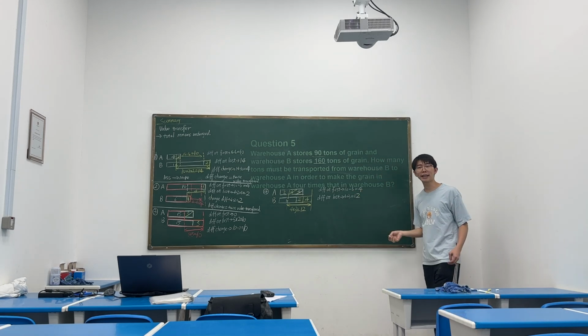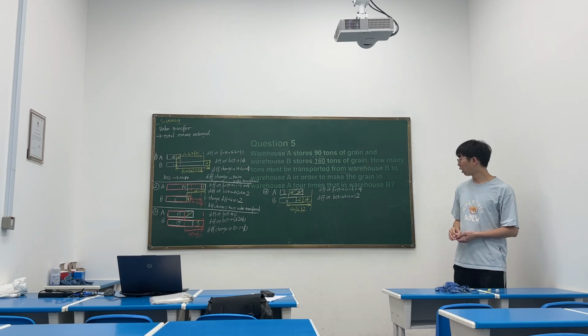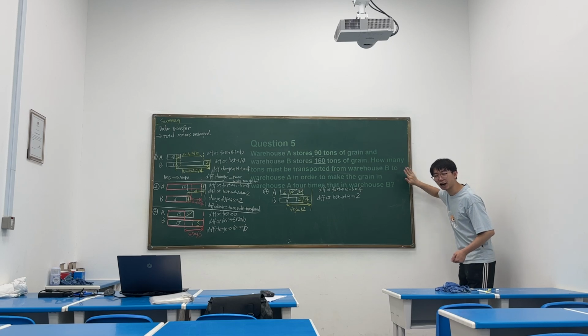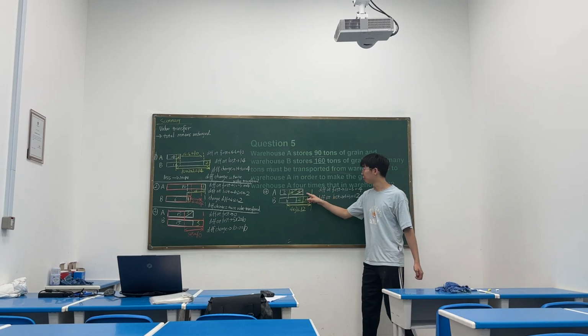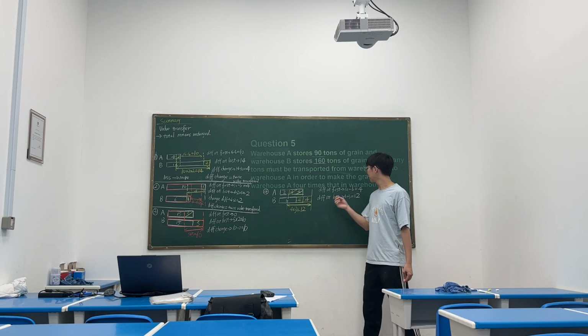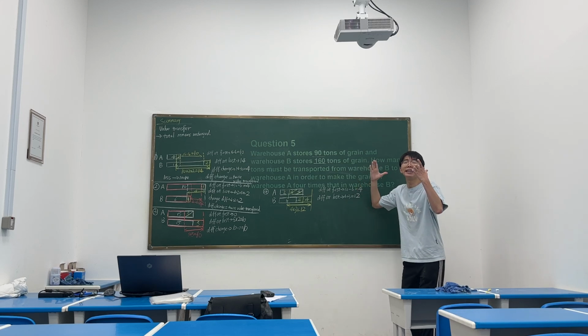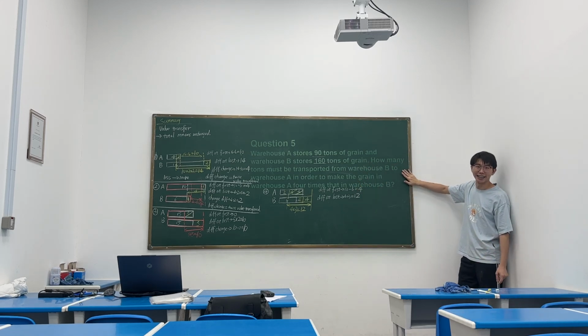So what is the change in terms of difference? Jason? 12 minus 4? Okay, now everybody please take note. There is a very important trick here. You see, at first A has more than B, right? The difference is 4. At last, will A still be more than B? No! This time A is less than B! Everybody please focus!